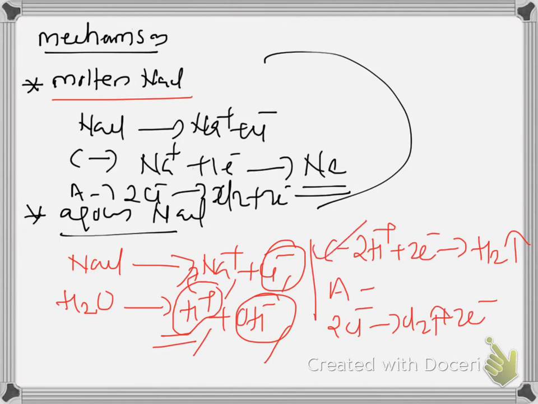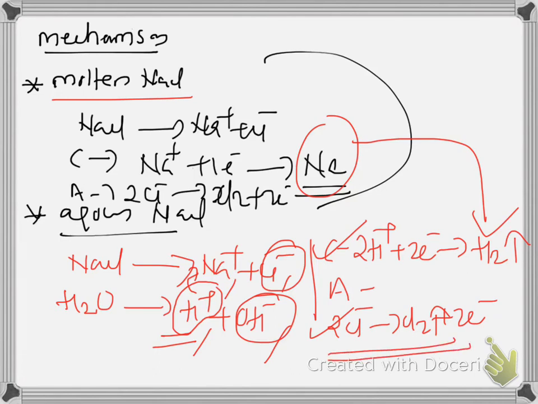Reduction at the cathode and oxidation at the anode. Here we have sodium at the cathode, but here we have hydrogen at the cathode, because of the higher reduction potential of hydrogen, or lower discharge potential of hydrogen. Both terms can be used. Cl− is the same in both cases.